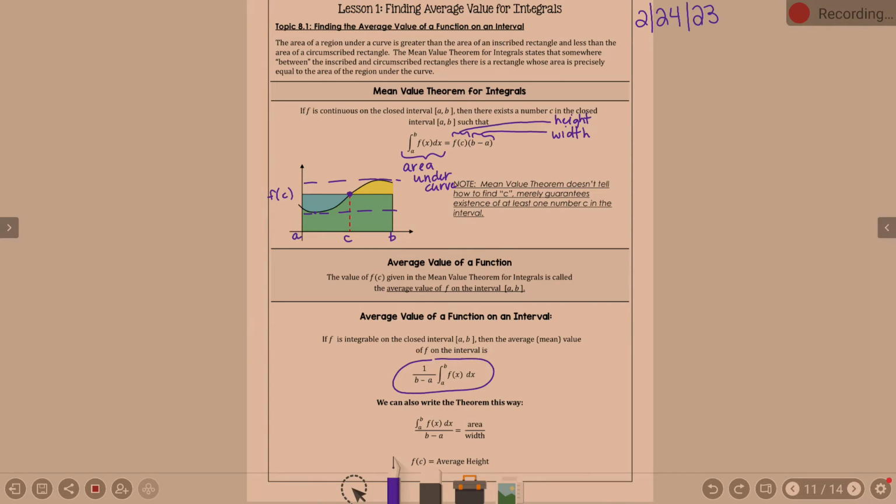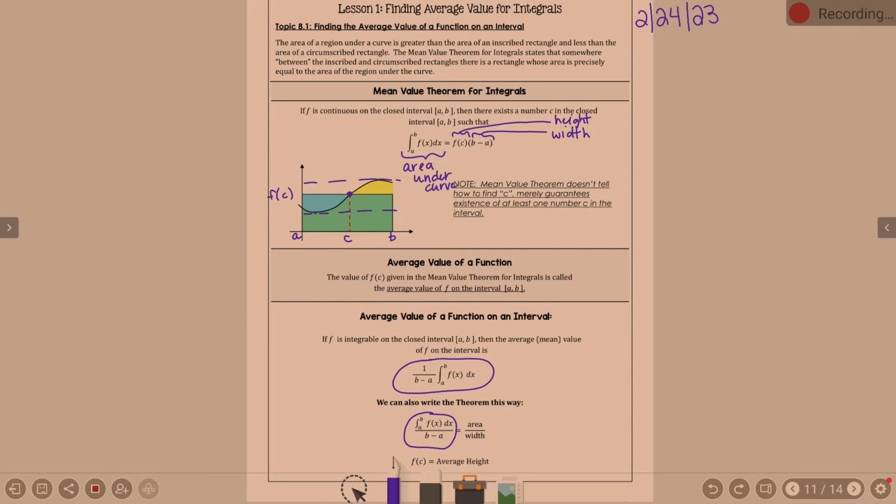When you're asked to find the average value on an interval, basically you're doing the integral from a to b, but out front you need to throw in a 1 over b minus a. This is how I've seen it expressed before, but it's also shown as the integral over b minus a, which is equivalent. It could also be written as the integral divided by b minus a.